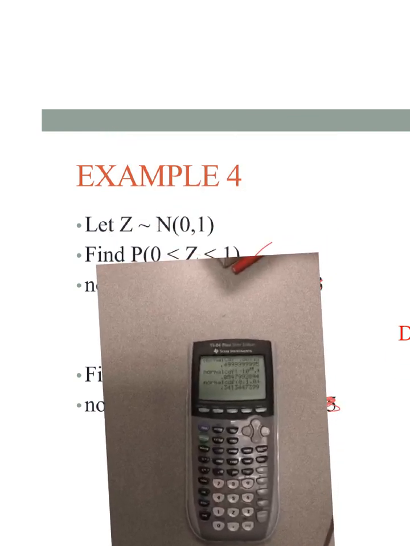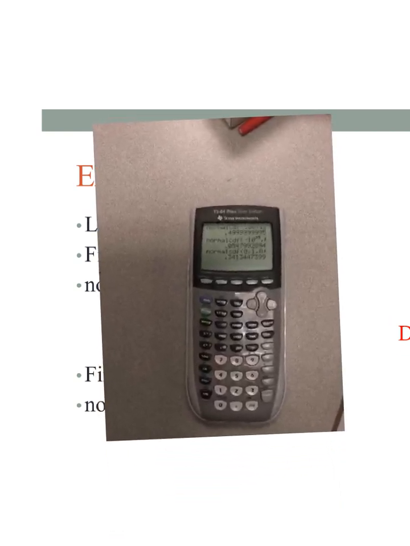Okay, so for this one, now I'm sharing my calculator. So normal CDF, and because our distribution is standard normal distribution, right? Standard normal distribution means the mean is 0, standard deviation is equal 1. They are special normal distribution.